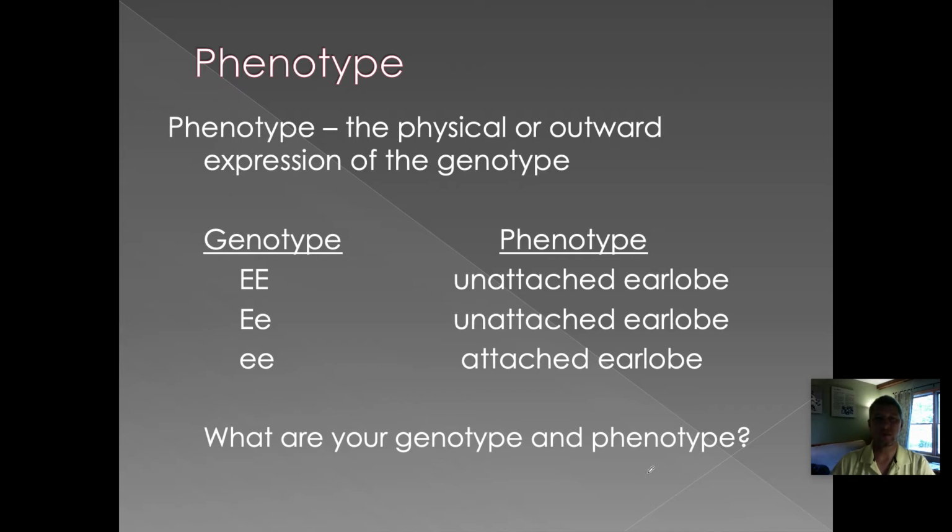Okay, and so the dominant would be this. Okay, and what that would give you is an unattached earlobe. Okay, the recessive allele, which we'll represent with a little e, this codes for an attached earlobe.